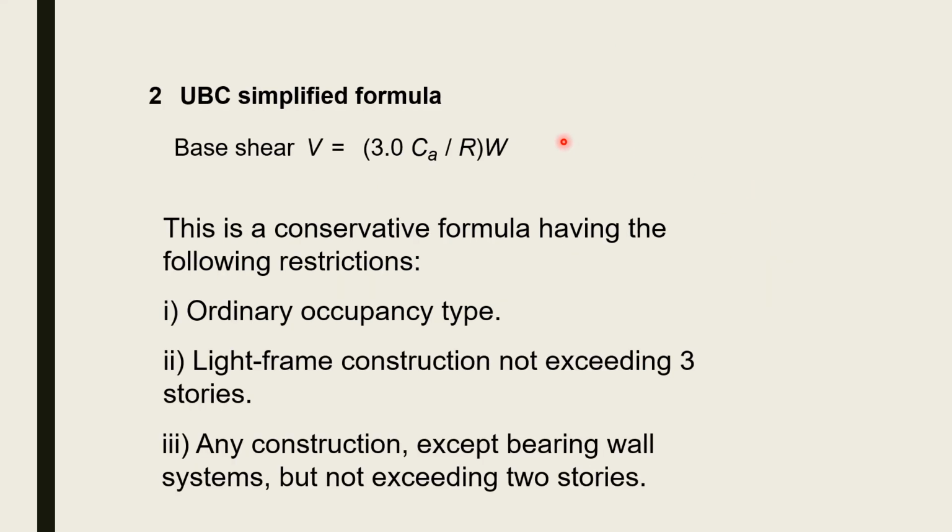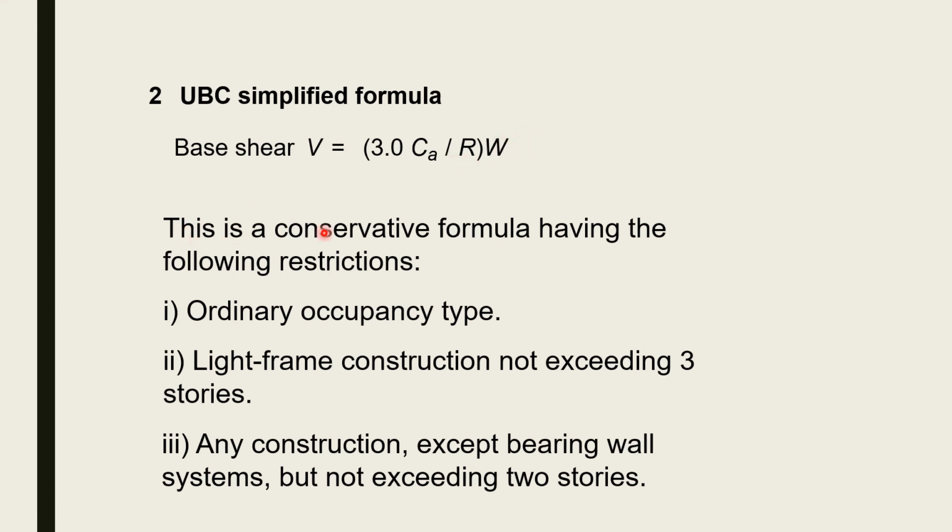UBC simplified formula. This is the approximate method of UBC. The detailed method I will discuss later. First, this is the UBC approximate method, where the base shear can be calculated as V equal to 3 Ca over R times the total seismic weight.